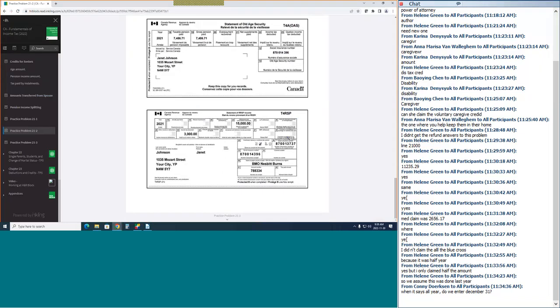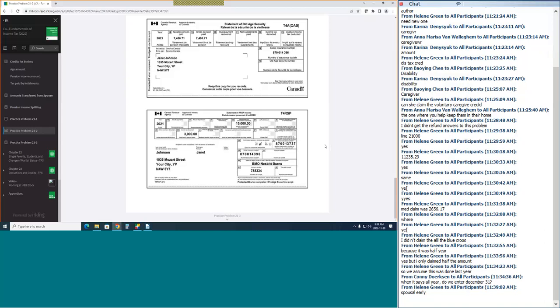So let's assume that Alan decided to put $1,000 into a spousal RSP for Janet this year. What would be different? It would be an early spousal withdrawal. Then we would have to go in and do a whole bunch of data entry to make that happen.